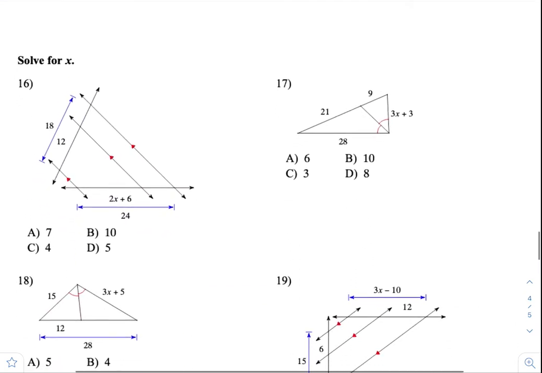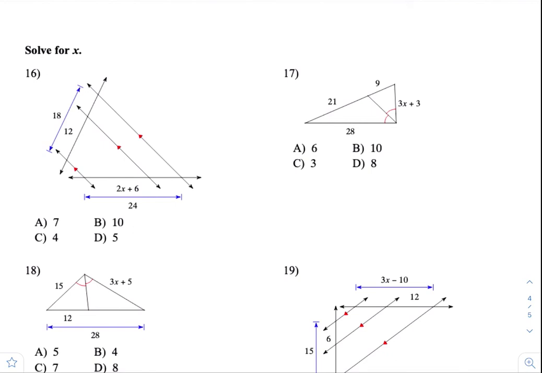Alright, so 16 through 20 is just making proportions. So for 16, we're going to get 12 over 18 equal to 2x plus 6 over 24. Cross multiply, cross multiply. 18 times 2x plus 6 is equal to 12 times 24, which is 268.